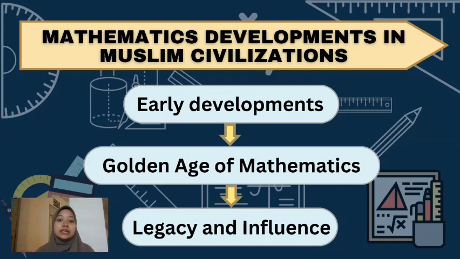As for legacy and influence, the contribution of Muslim mathematicians had a significant impact on the development of mathematics in Europe and beyond. Their work laid the foundation for many of the mathematical concepts and principles we use today, and their legacy continues to inspire new generations of mathematicians.